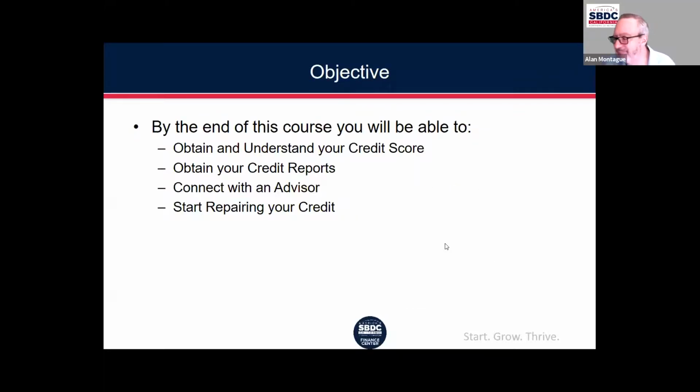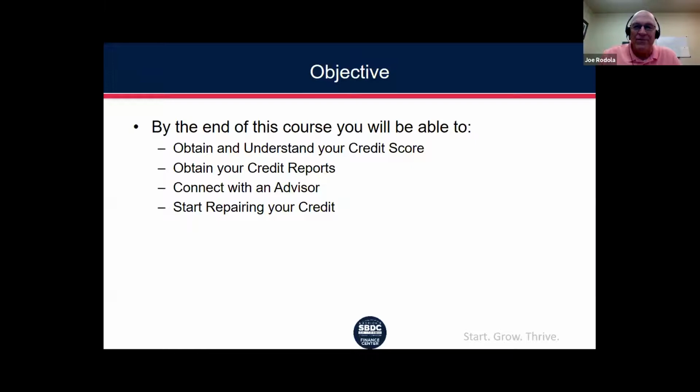All right. So again, by the end of the course, we're going to obtain an understanding of credit scores, credit scoring itself, and how to obtain credit reports to take a look at them. And for those of us on the line that are advisors, how we can go through those reports with the client, how to connect with us, and how to start repairing your credit, because that's obviously an important piece of this entire class, having the ability to repair.